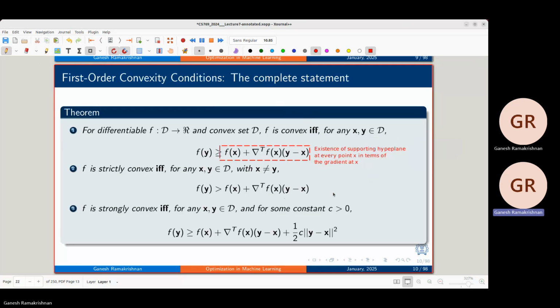So let's call this P, a variable, greater than or equal to A transpose Q plus R. This is how the equation of a hyperplane looks. Our point currently is (f(x), x); think of that as Q. And P is (f(y), y).